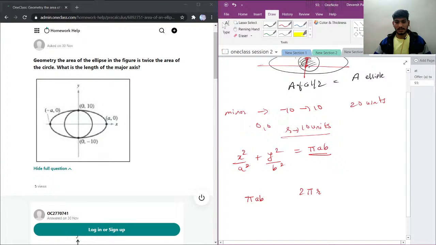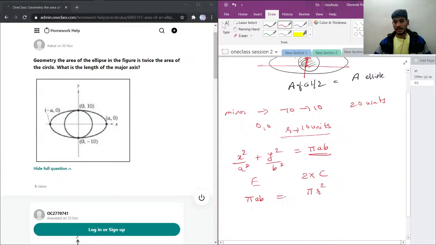So I'll first write area of ellipse and area of circle. The ellipse is 2 times the circle, and the circle area is pi r square.